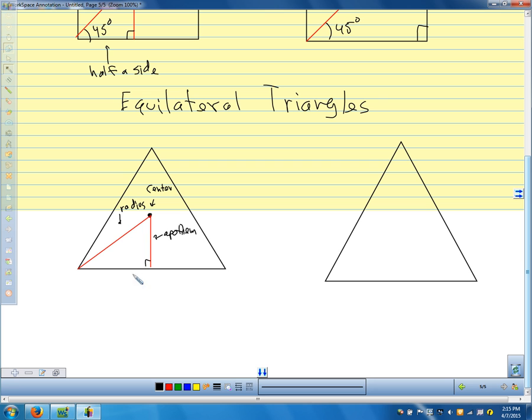And for our equilateral triangle, that's a 60-degree angle, that's a 30-degree angle, and that's half a side. So we end up with a 30, 60, 90 triangle inside an equilateral triangle.